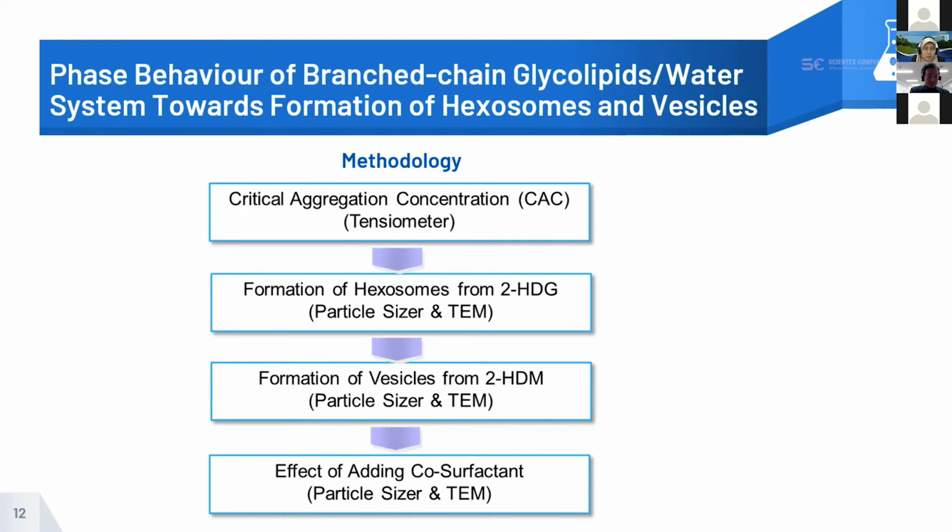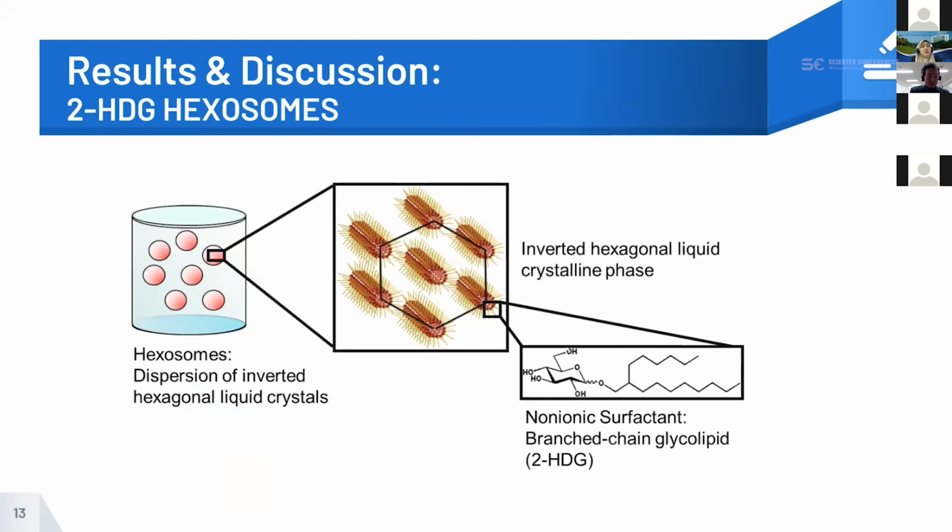We measure the formation of hexosomes using a particle sizer to determine the size, and transmission electron microscope to see the morphological properties. Then the formation of vesicles from 2-hexadecyl maltoside, also using particle sizer and TEM. Finally, we investigated the effect of adding a cosurfactant to the system, measuring with the particle sizer and TEM. So these are the results.